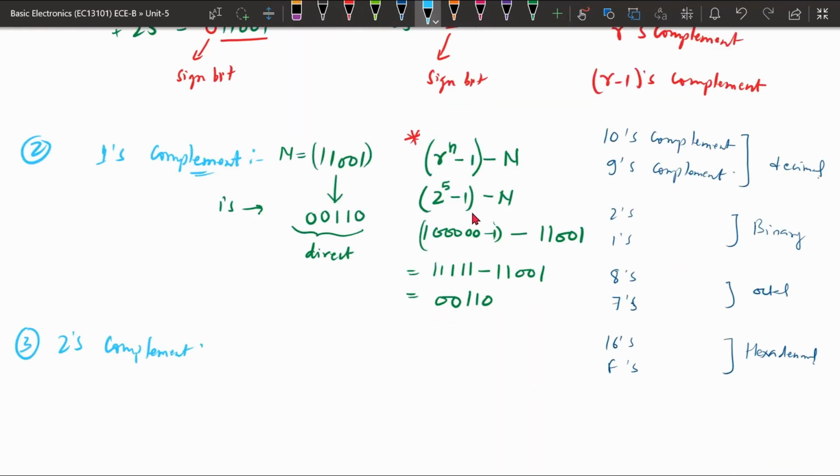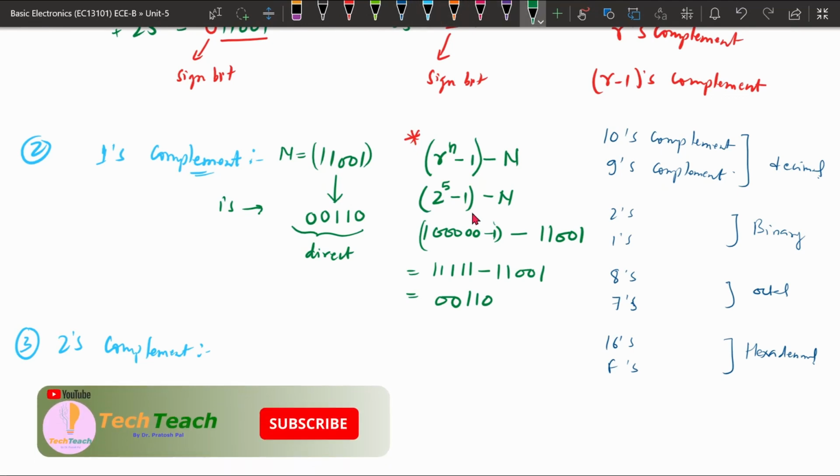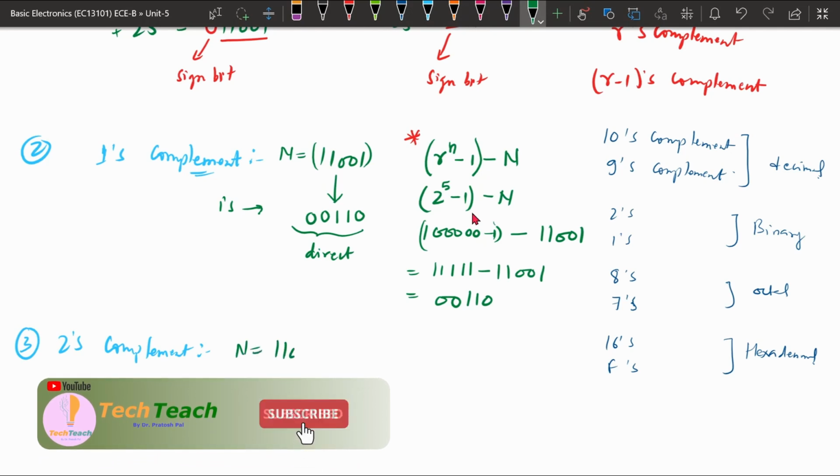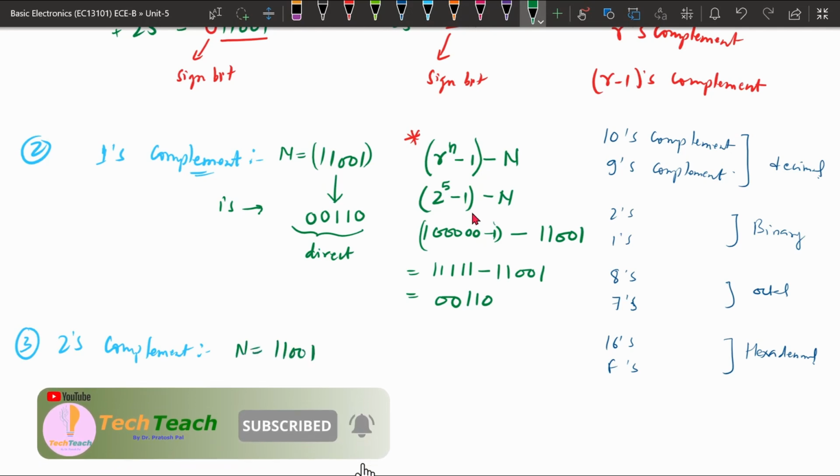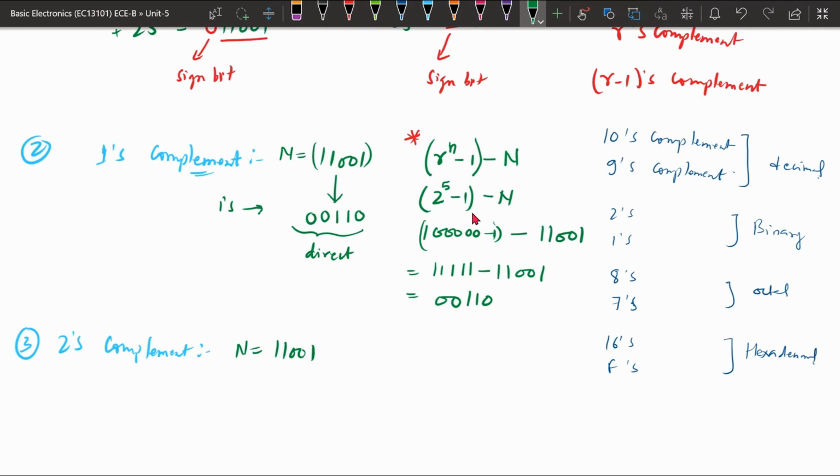The third one is 2's complement. The direct method for calculating the 2's complement is, whatever the number is, that is 11001, first we calculate the 1's complement, which is 0, 1, 1, 0, 0.